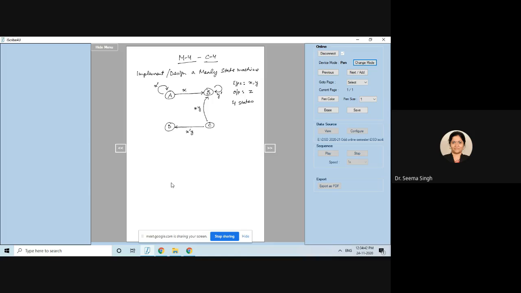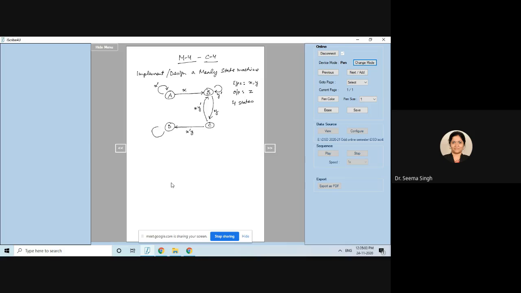Now from C to D, I am showing X Y dash, means X should be 1, Y should be 0. B to C, I am showing only Y. Now X becomes don't care. You can mention for yourself in a comment somewhere, whichever input variable is not shown, that is don't care.